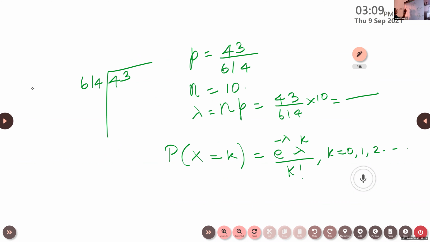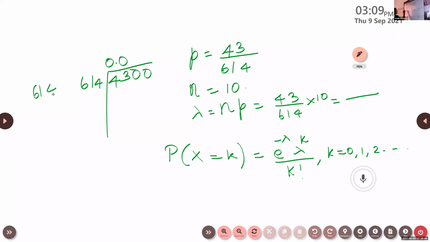So it is not possible. Then what you will do? You add a 0, put a decimal point, gain 0, and simplify this. How many times will it go? So it is 43, isn't it?